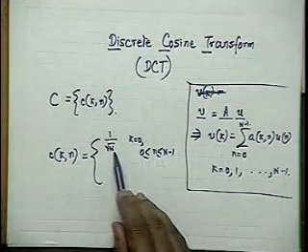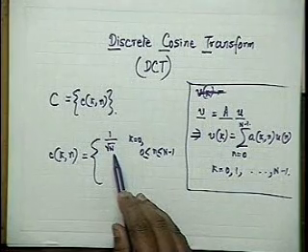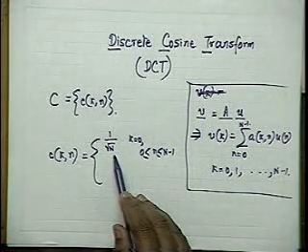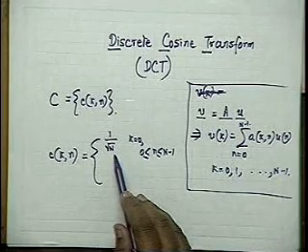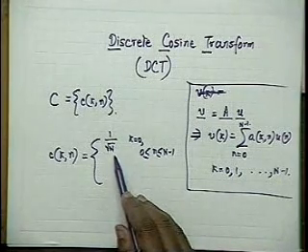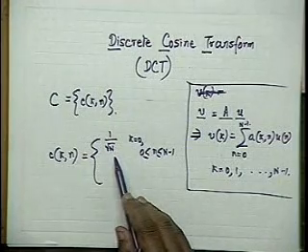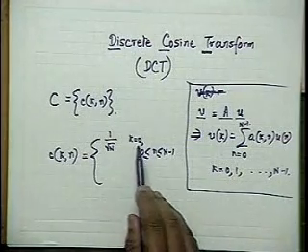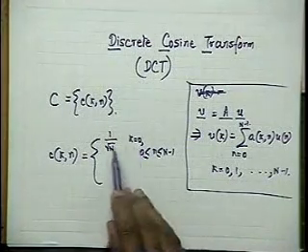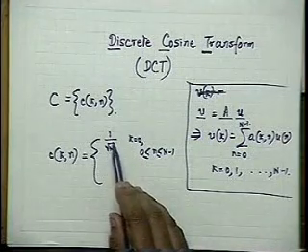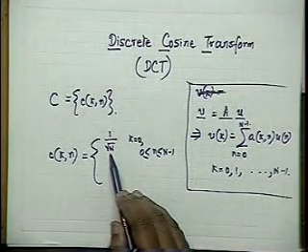So what does this mean in the matrix space? It means that all the elements in the first row, which is indexed by k equal to 0, are equal, and that is equal to 1 by square root of N.